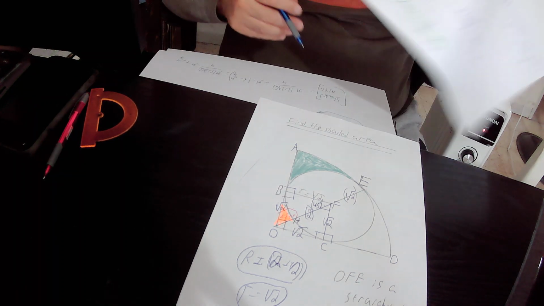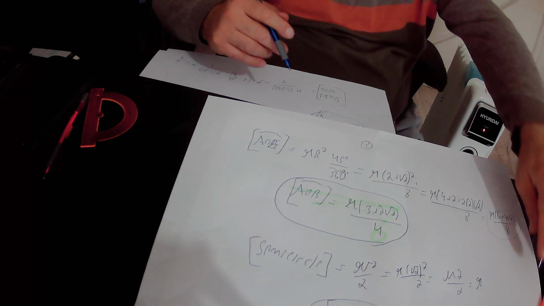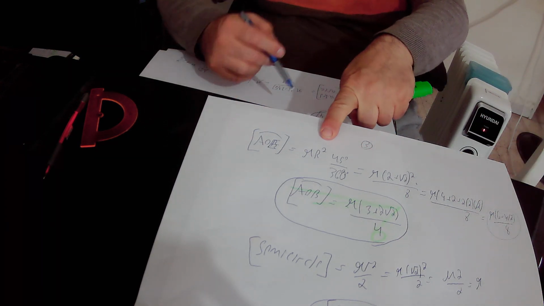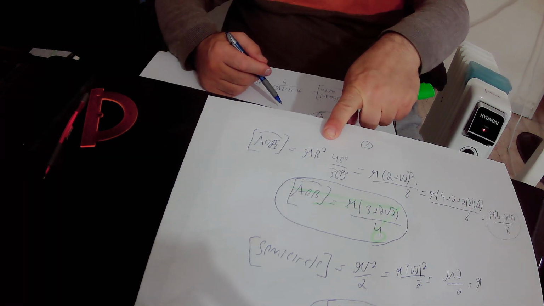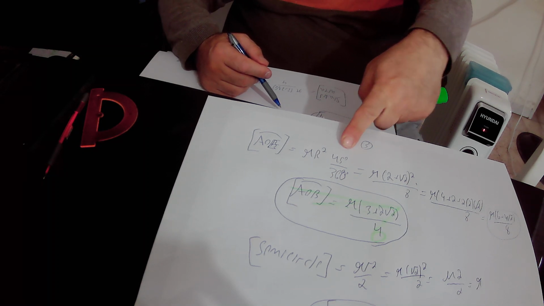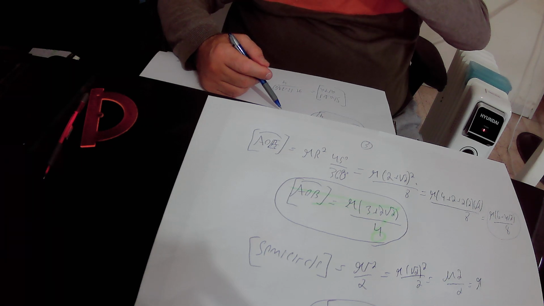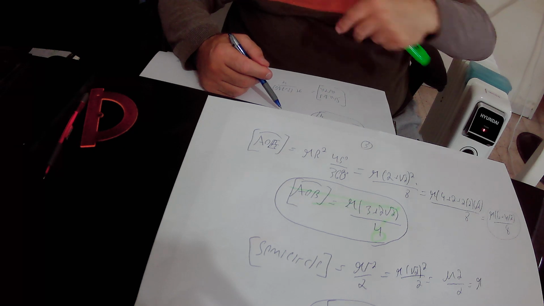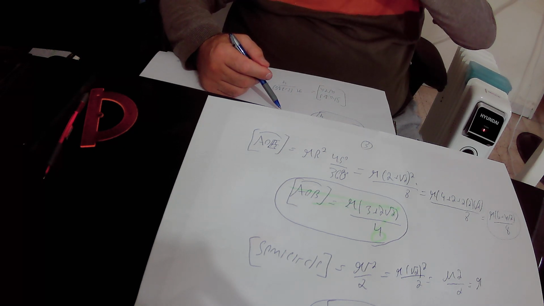Okay, again, the area of sector AOE is equal to pi times capital R squared, that is the area of the big circle, times the angle between the legs of the sector, that is 45 degrees, over 360 degrees. The legs of the sector are the two radii of the big circle, that is equal to capital R, of course.